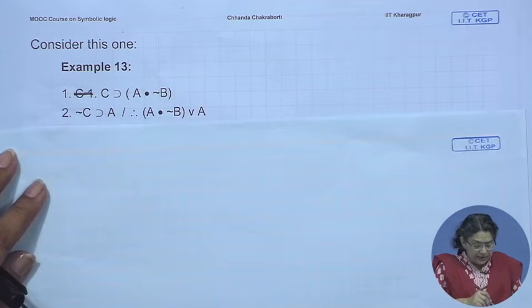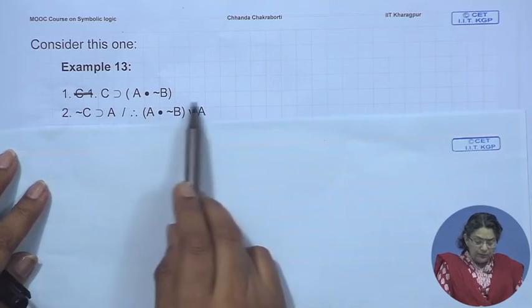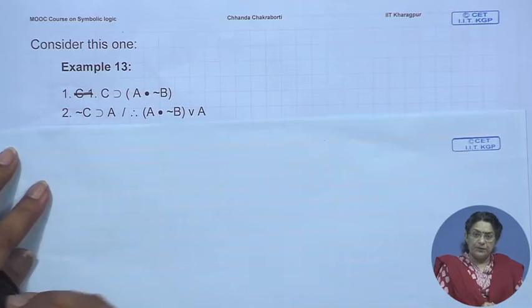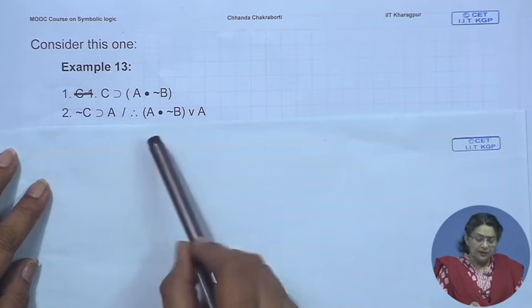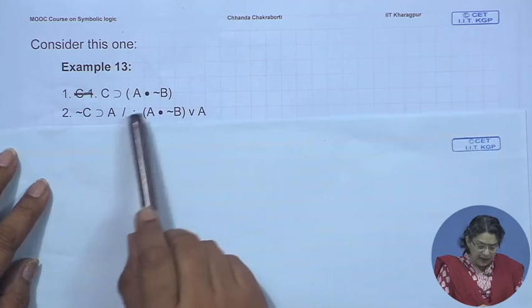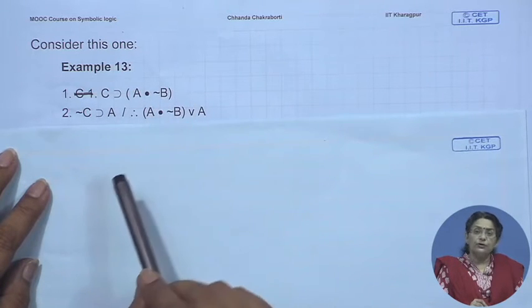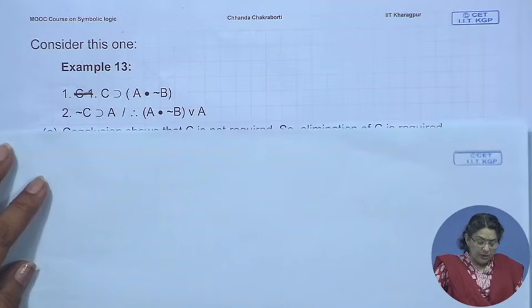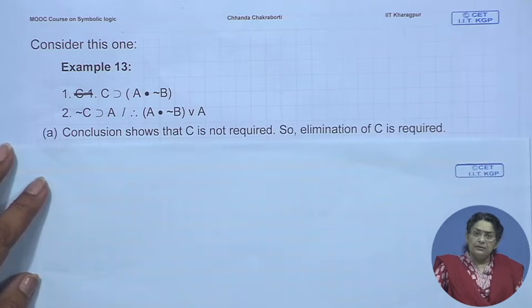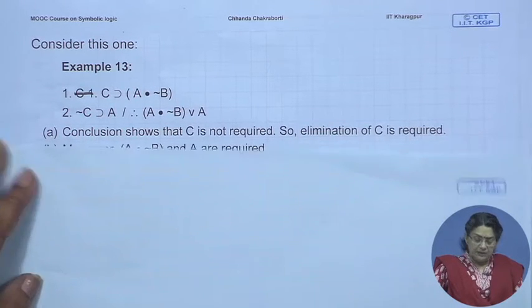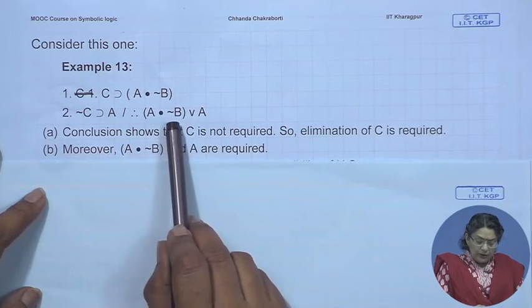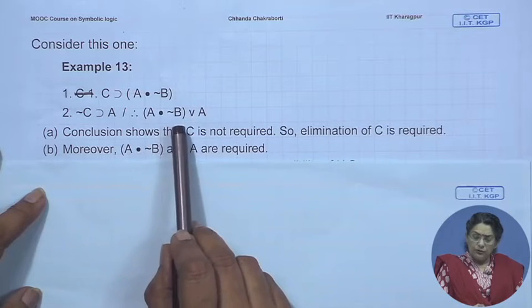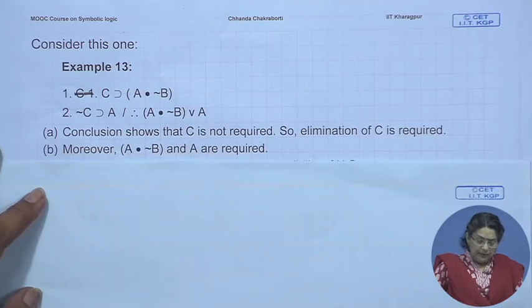As you can see, there is no C in the conclusion, so somehow we have to eliminate the C, because we have A and A dot not B in the premises. The only question is how to get the C out, and we want to keep the A dot not B and A in place.